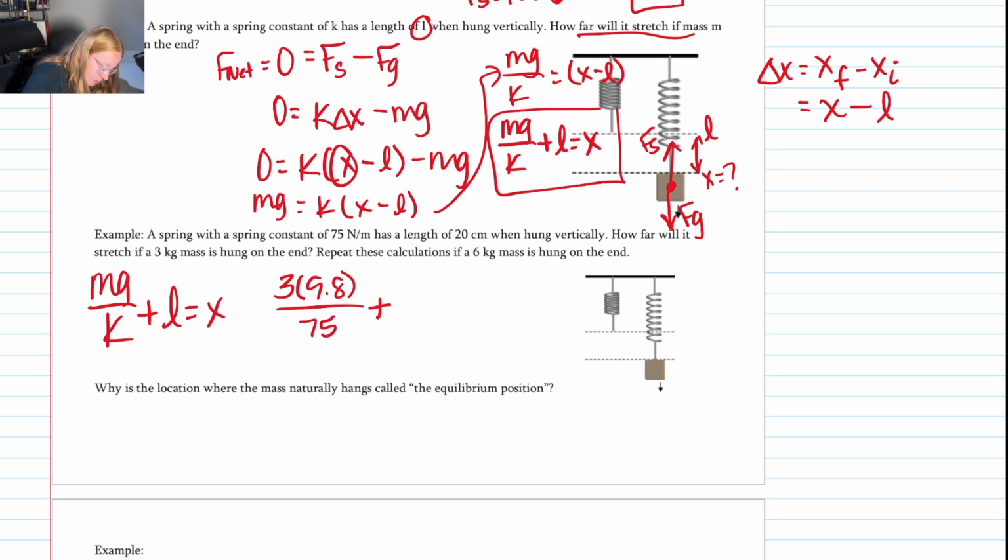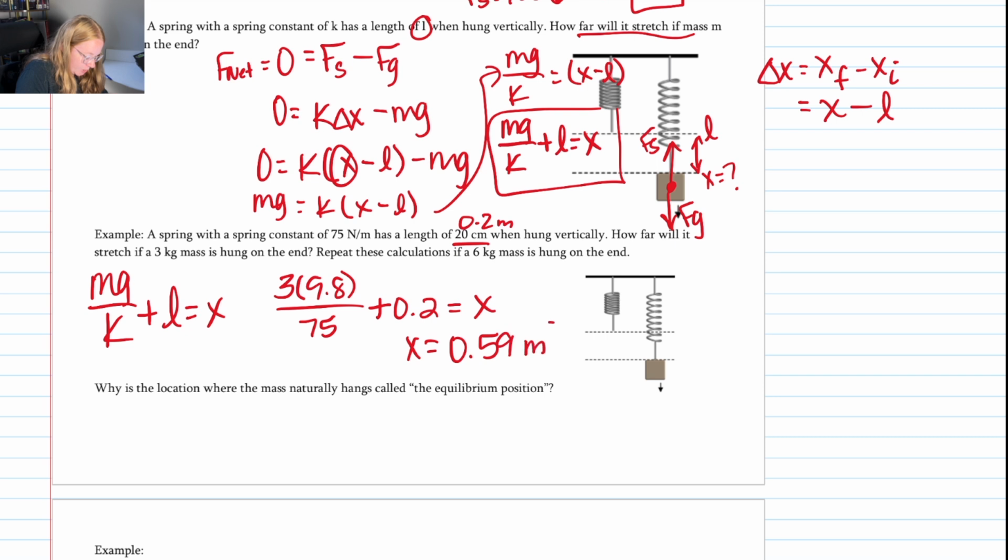And the original length is 20 centimeters, which I do need to change to meters, so I would want to use 0.2. Okay, so let's figure out what final position it should be on. So it looks like this spring should end on 0.59 meters or 59 centimeters.